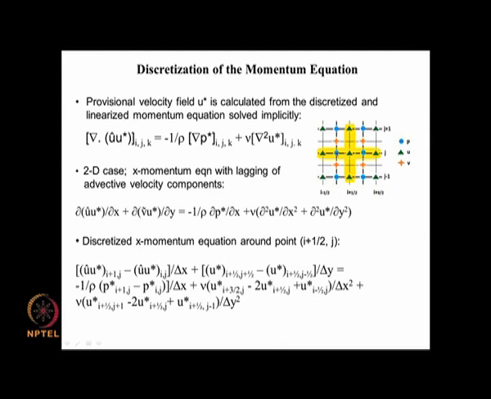If u at this point is positive, then the flow is in this direction, so the u star will correspond to this, and here this is going to correspond to this. So, in this way we evaluate a discretized momentum equation.